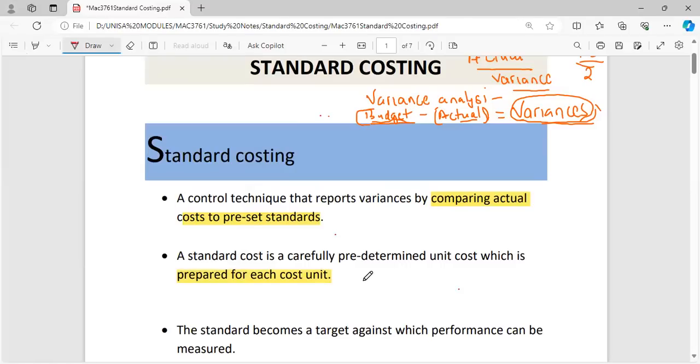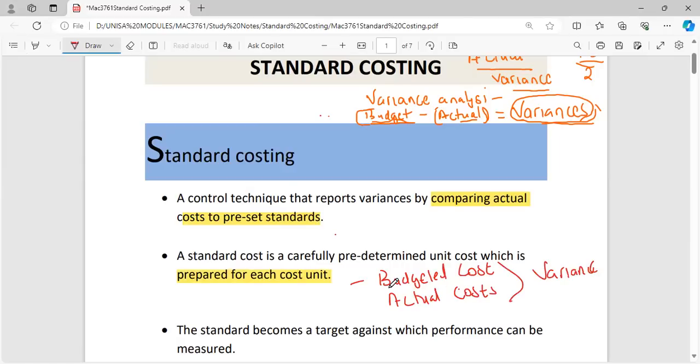So at the beginning of the year, we must have the budgeted cost for each unit. Then at the end of the year, we are going to have the actual cost for each unit. So these will now give us the variance.